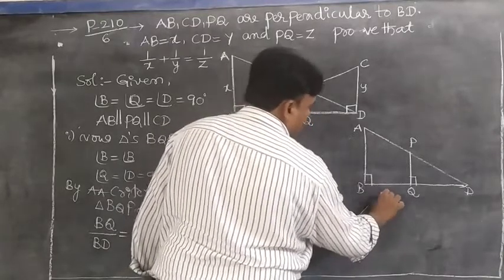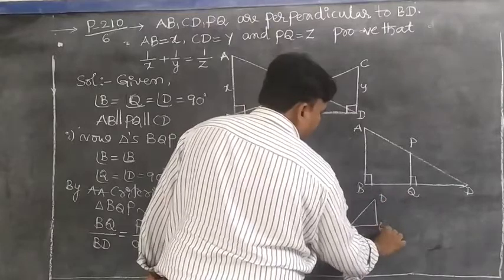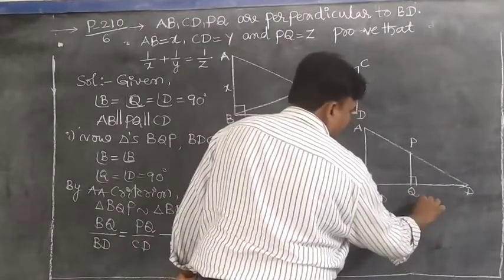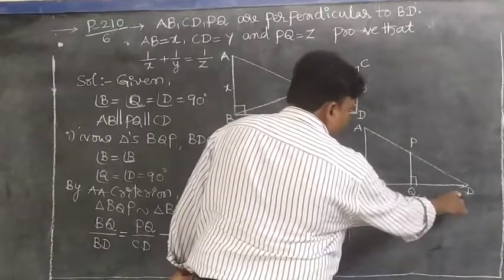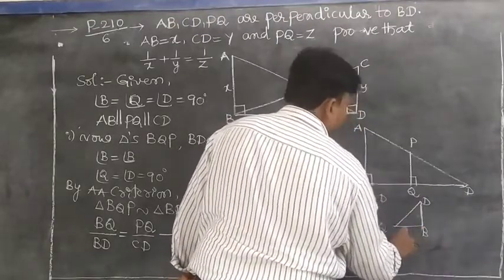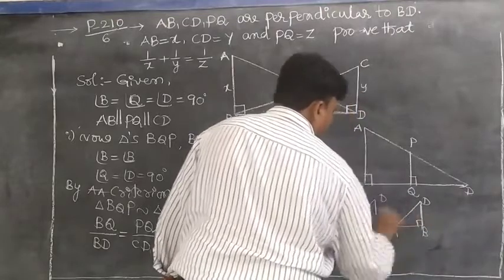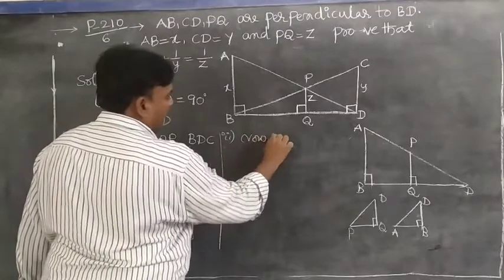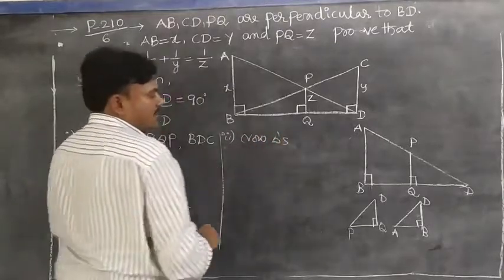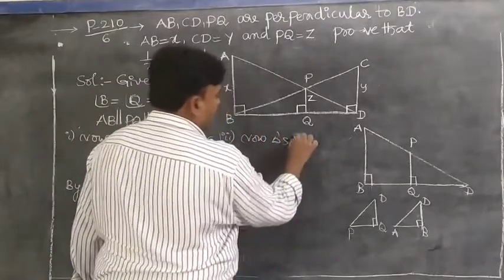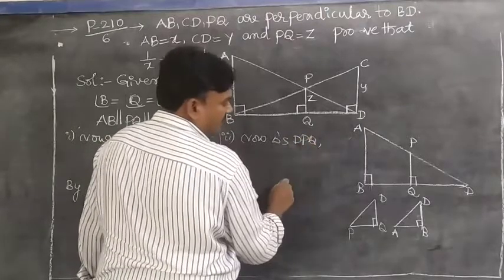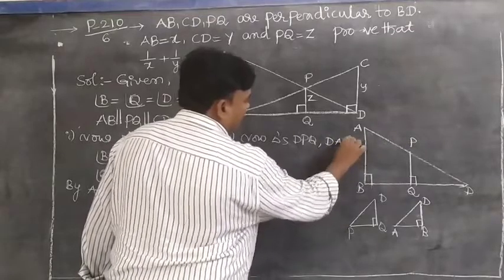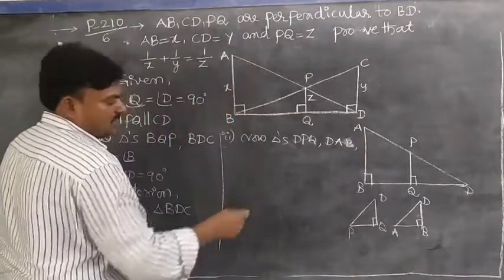First one is B, Q, P, and on the other side B, A, D. Now the second pair of triangles: DPQ and DAB. Same procedure, check whether both are similar or not.